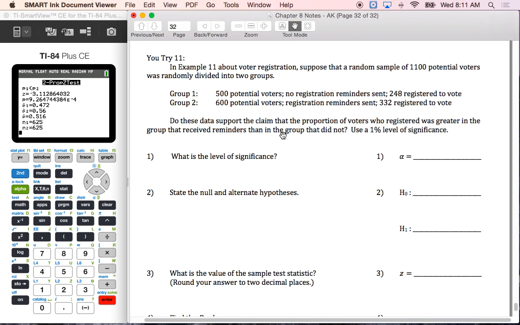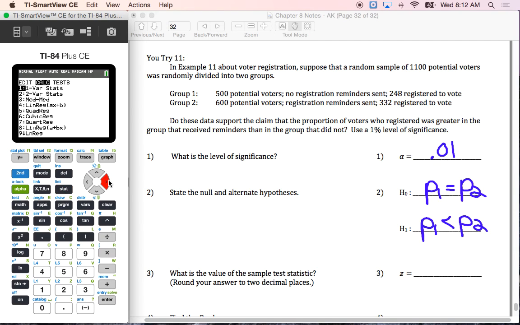So for your alpha, we got 0.01. For your null, we've got P1 equals P2. And now they want the next group to be bigger. So they want P2 to have the greater amount, so we have less than. We're going to type everything into our calculator. So stat, test, again, 2-proportion z-test.